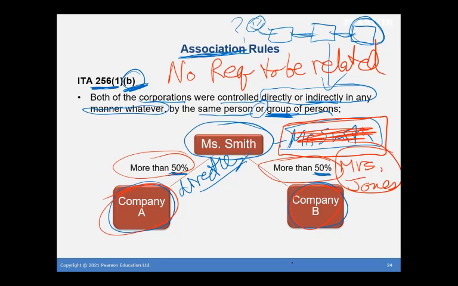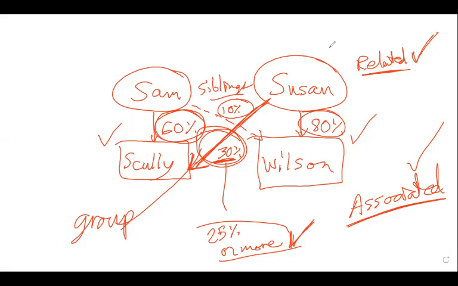Let's do case D. So I'll read case D here.